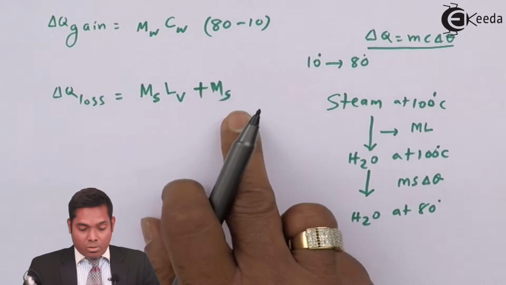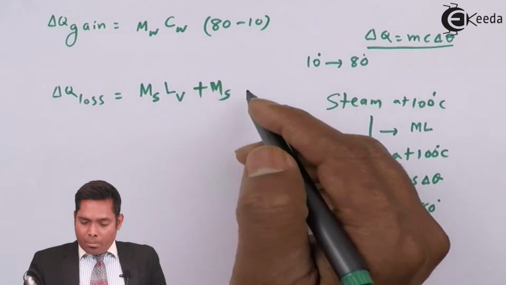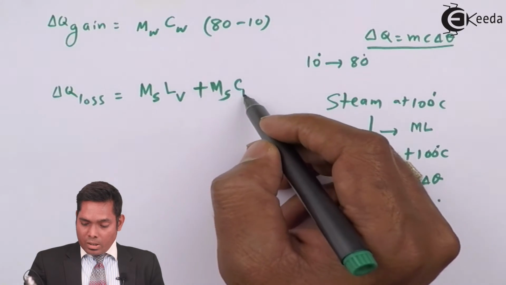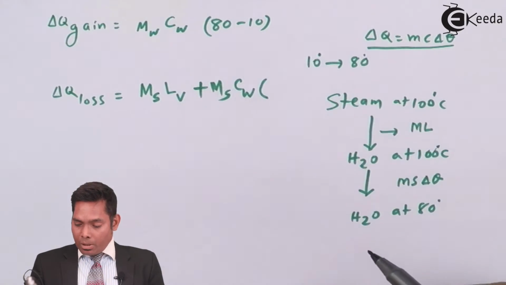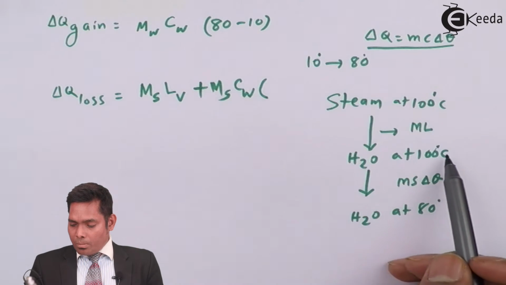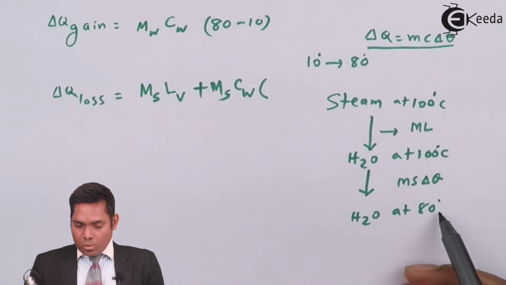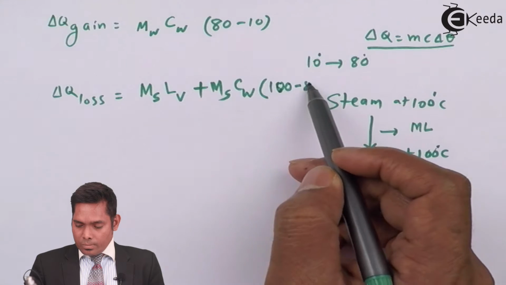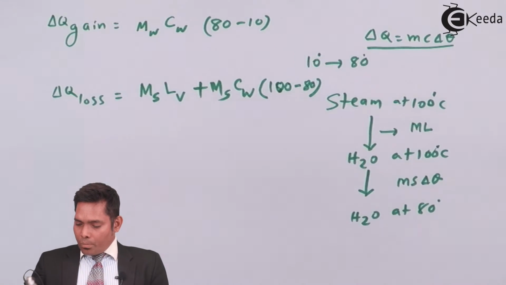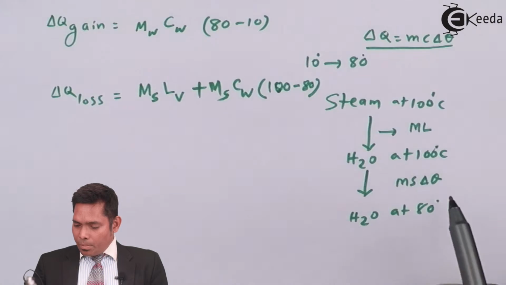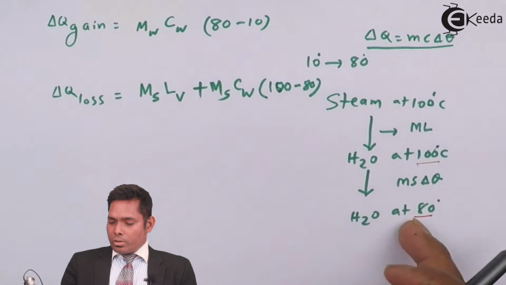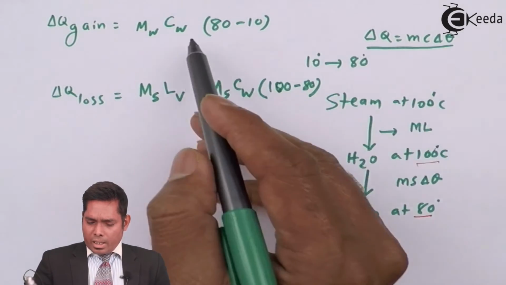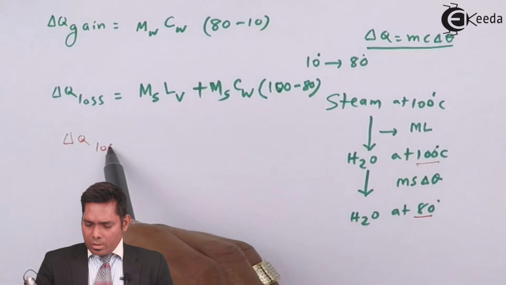Now I can write ms over here, it is the mass of the steam which becomes water, and the specific heat of water into the change in temperature, 100 to 80. I hope you understood that. Now I have to just equate these two equations, heat loss is heat gain.